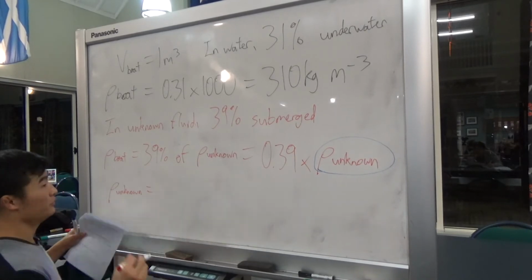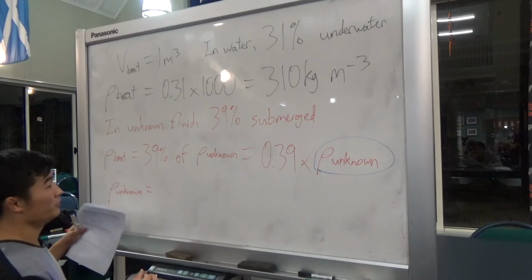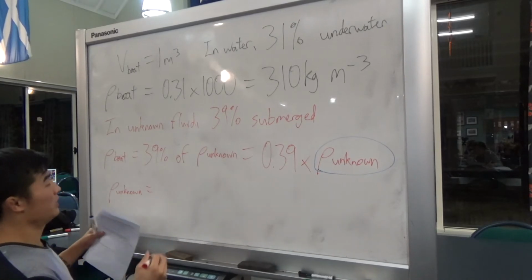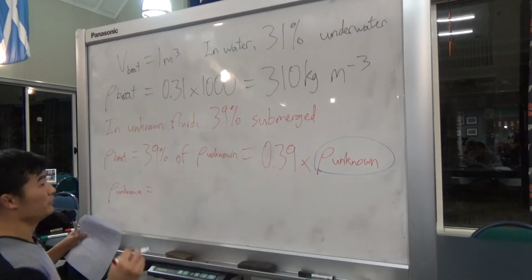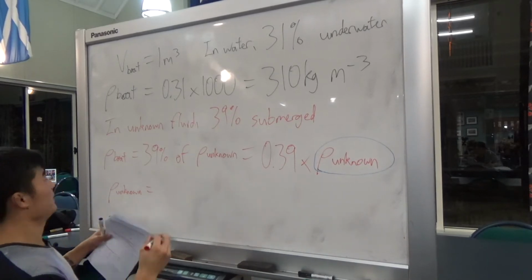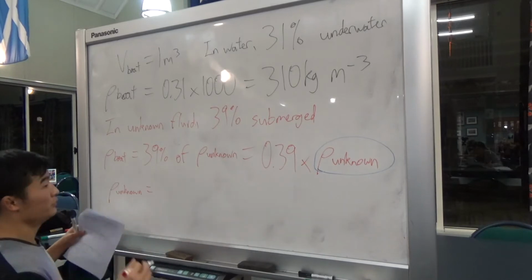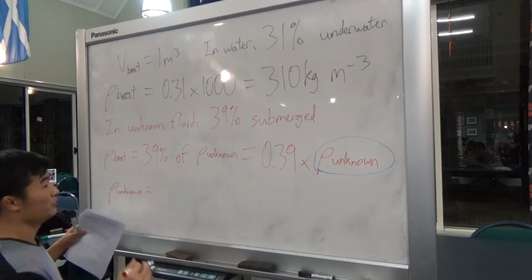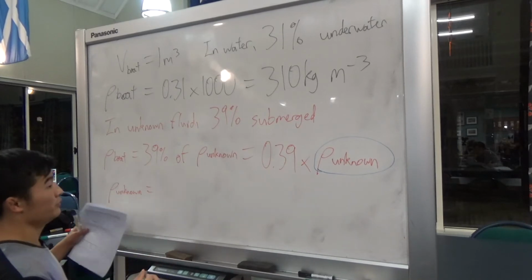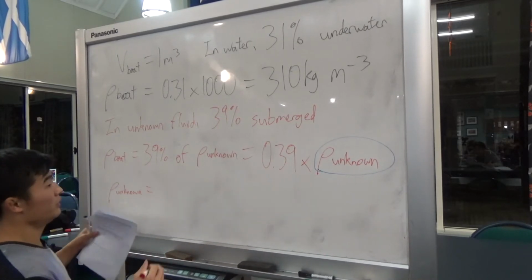So at point 2, we know that the radius is going to decrease by a factor of 2, so the area is going to decrease by a factor of 4, which is 2 squared. So A2 will be equal to A1 divided by 4.